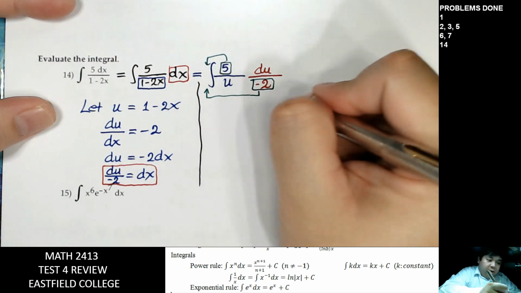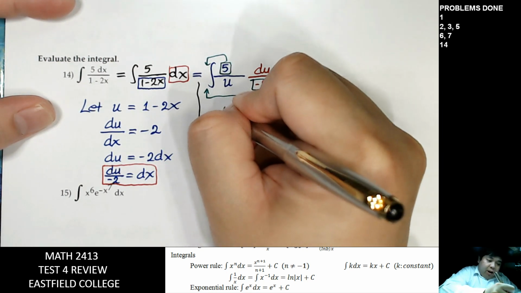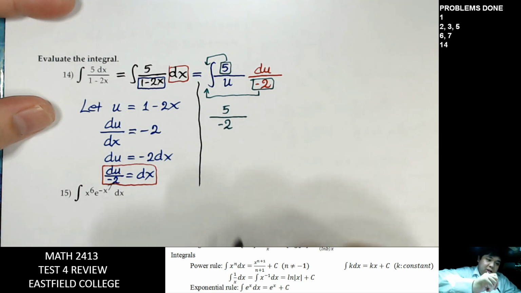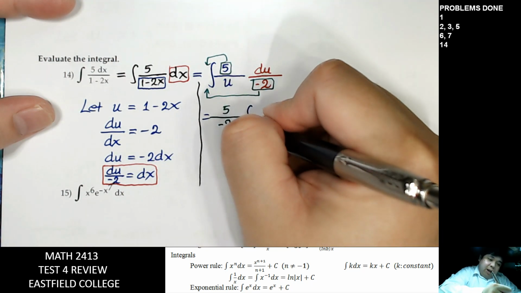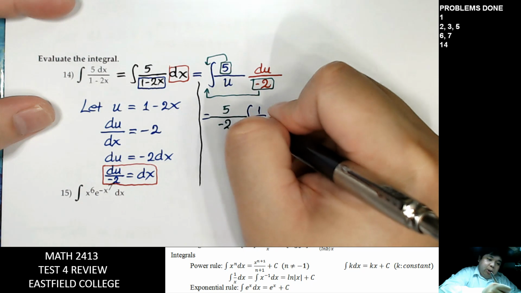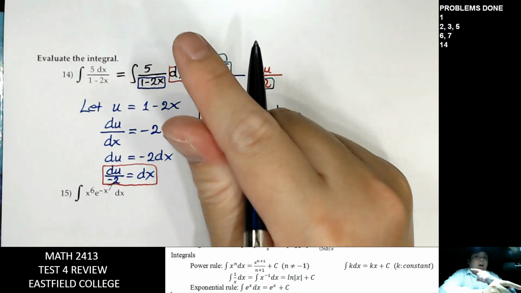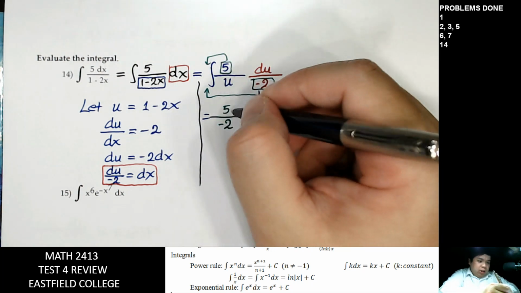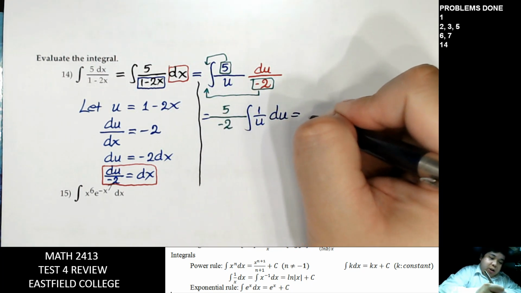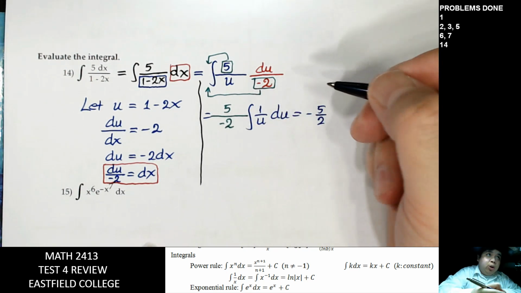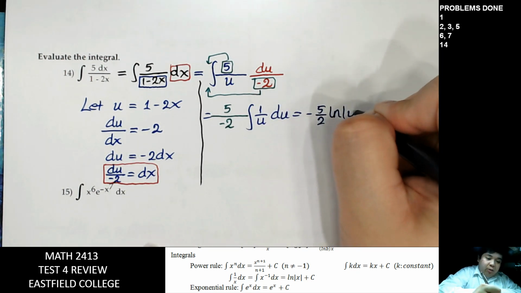So we'll have 5 on the top, -2 at the bottom. And we just have 1 over u du. Integral of 1 over u is going to be equal to, this is -5/2. 1 over u integral is ln of absolute value of u.